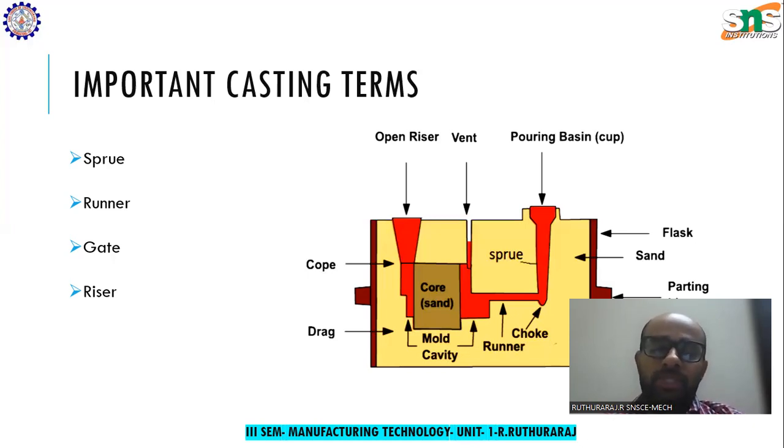The pattern is the replica of the shape which we need to obtain using the casting process. Once the pattern is placed inside the sand and removed, the mold cavity is obtained. Then molten metal is poured inside the mold cavity, and once it solidifies, you get the final product. So this is the basic introduction to the sand casting process.